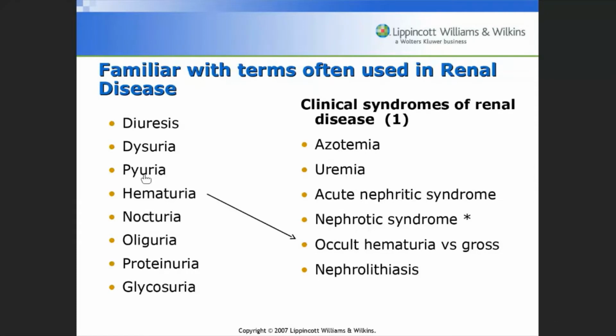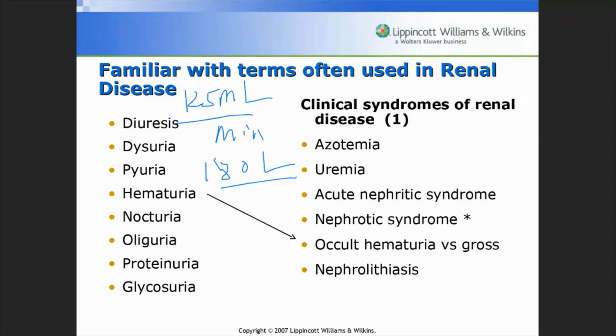Other terms that people often use in the clinics are dysuria, pyuria. So a normal person on average should produce about 2 liters of urine a day. If you calculate that the filtration rate is 125 ml per minute, that comes out to about 180 liters a day.